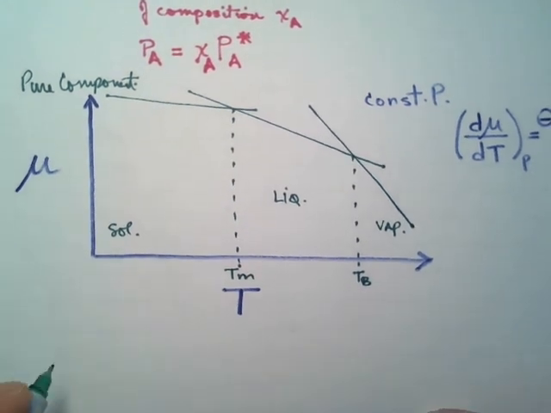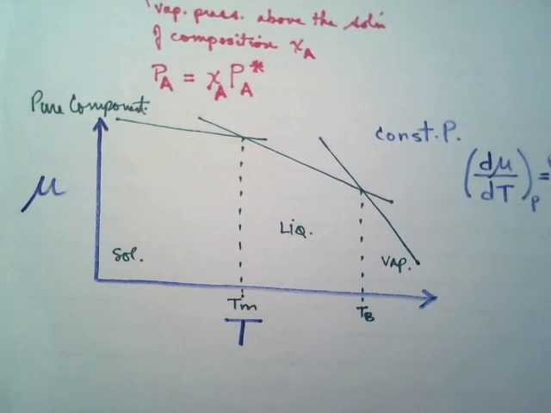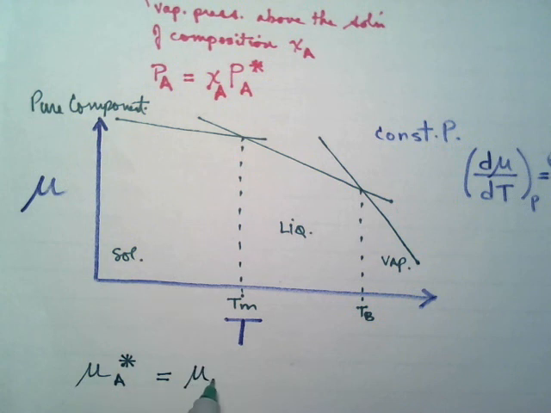So let's move down here. We know the chemical potential. I'm just going to make sure I'm using the same nomenclature. So the chemical potential of that liquid, pure, is equal to, do you remember?